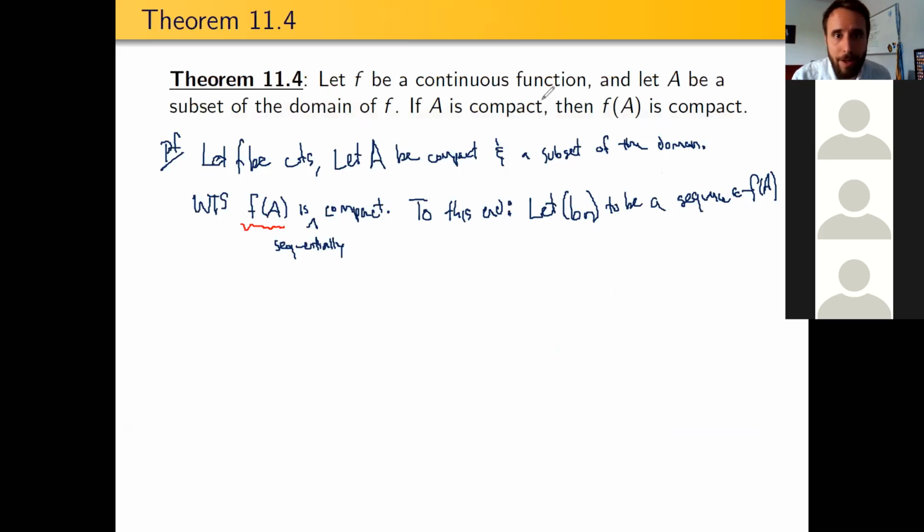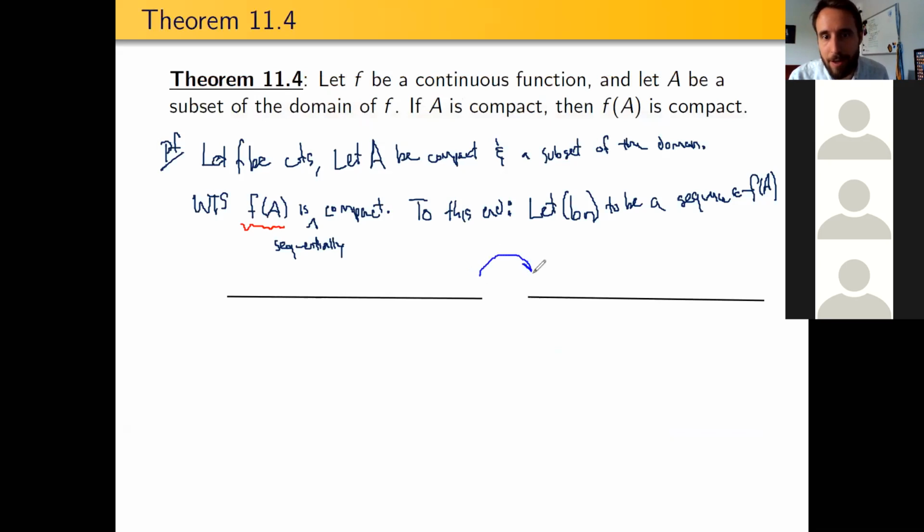Okay, I'm going to draw a crude, rudimentary picture. Here's my function f. It's mapping real numbers into real numbers. And specifically, it's mapping a set A, which is some compact set over here in the domain.